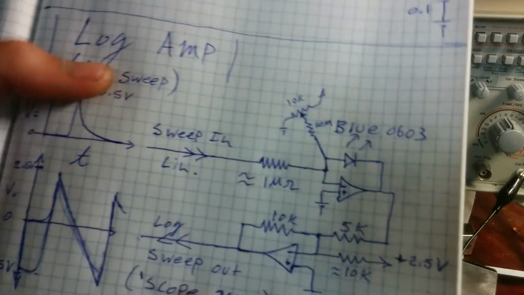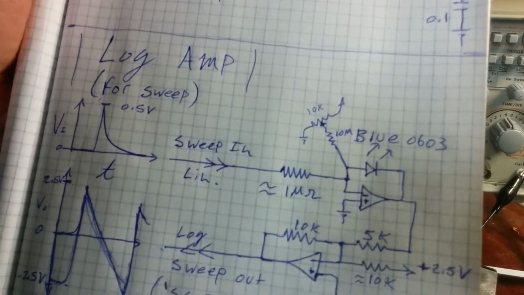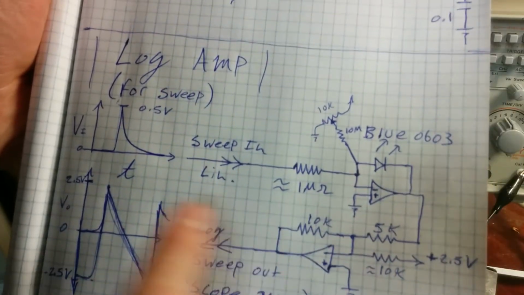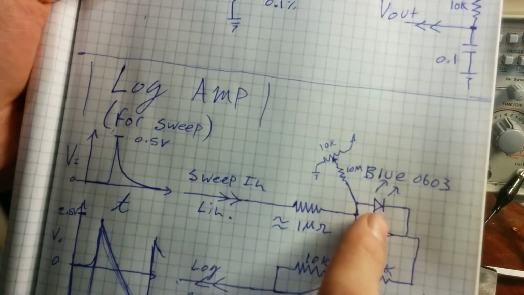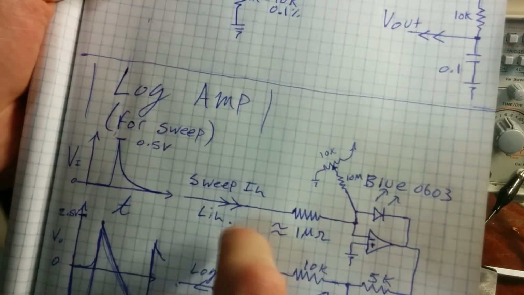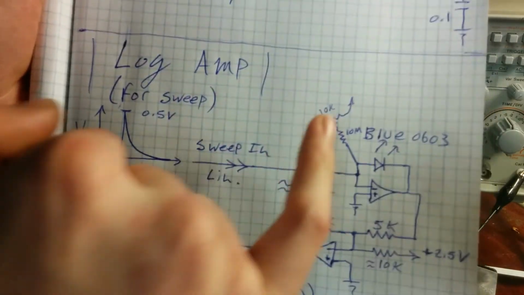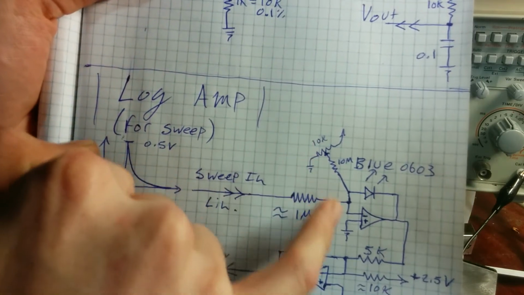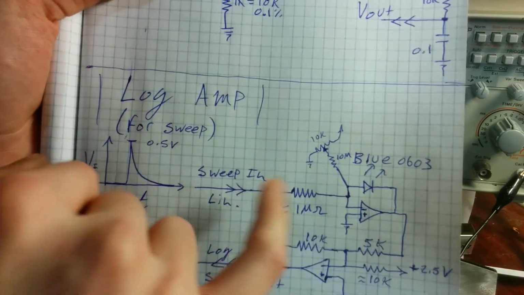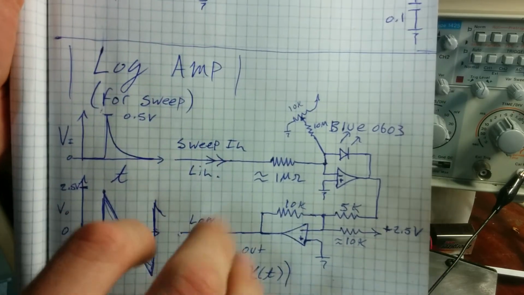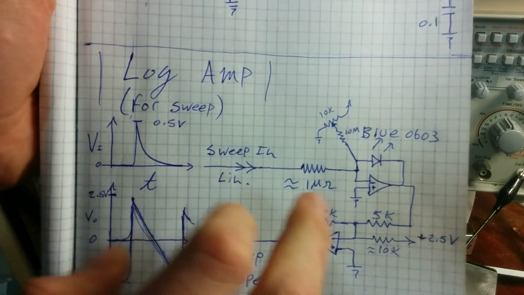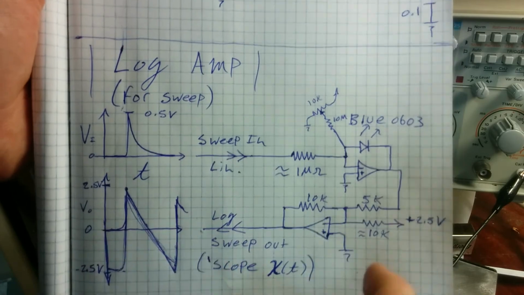The other thing is the log amp. I needed non-inverting, so it's a regular log amp with a blue LED as the nonlinear element, and I'm also leaking a little positive current into here, which really jams it to the negative rail when there's no input, and so it really does look like a nice log.